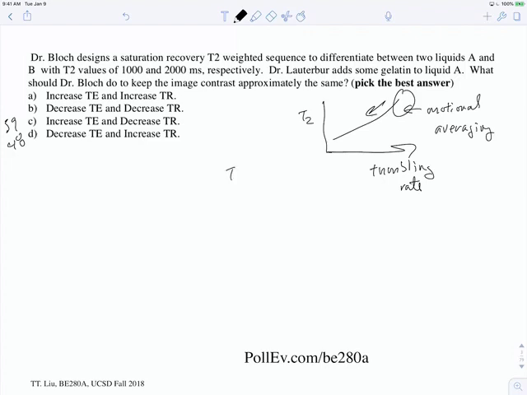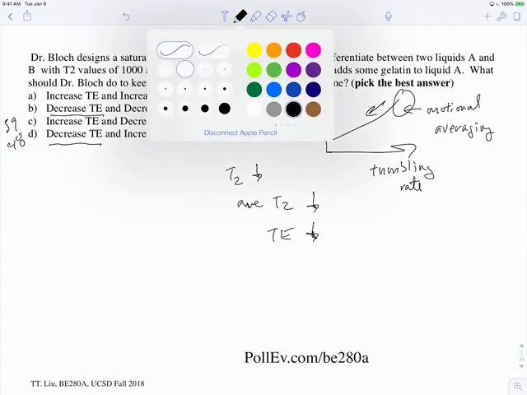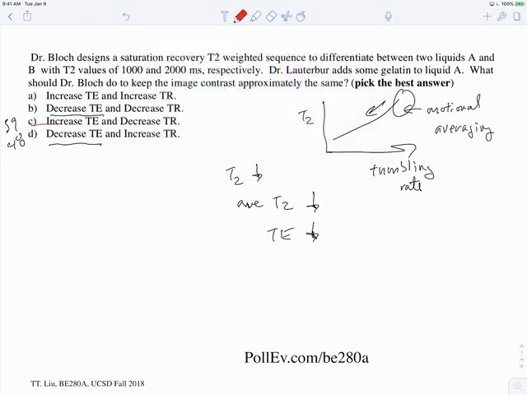So we expect T2 to go down, and therefore we expect the average echo time should also go down, because the average of the T2s has to go down, right? So the average T2 should also go down, and therefore we should make the echo time go down. Okay, so that means it could be either B or D. It can't be A or C, right? Everyone okay with that? Okay, so now we just have to choose between B and D.